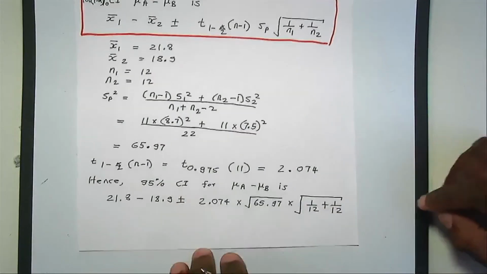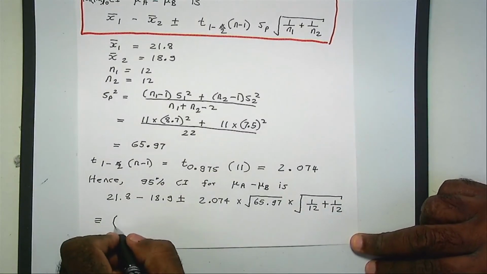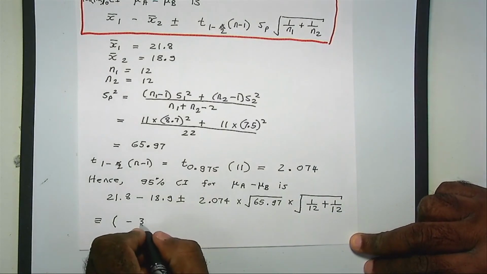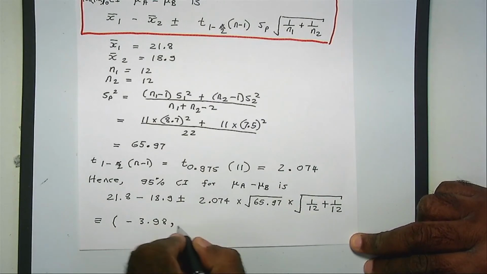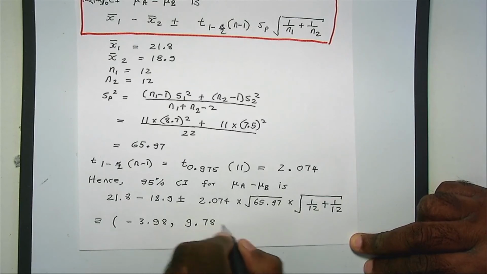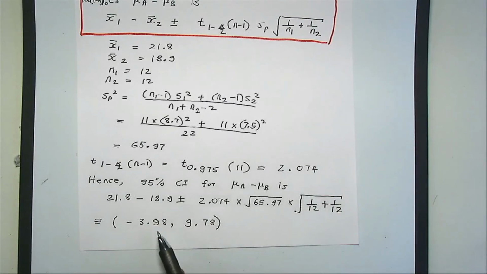If you compute this using a calculator, you get minus 3.98 as the lower limit, and the upper limit will be 9.78.